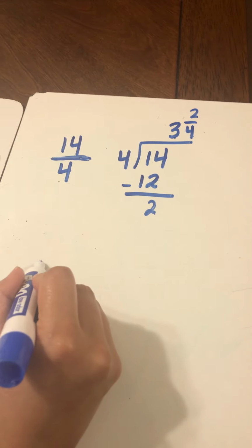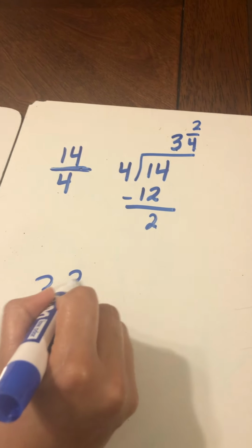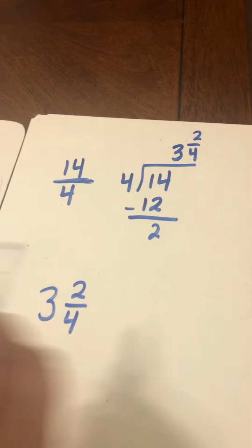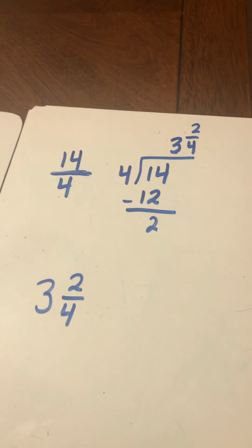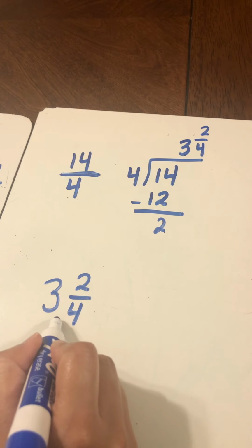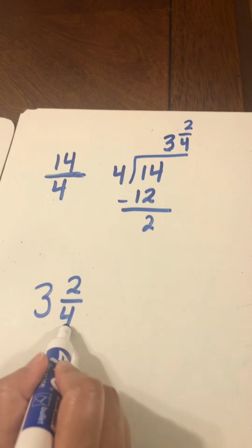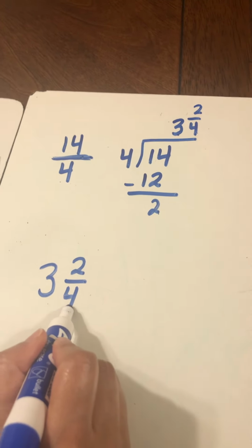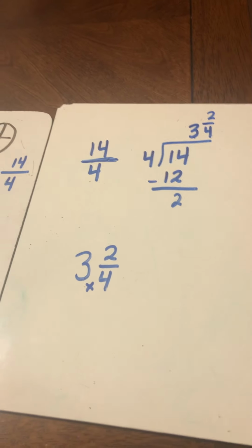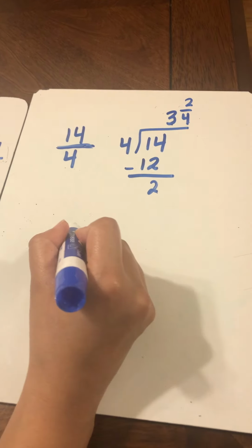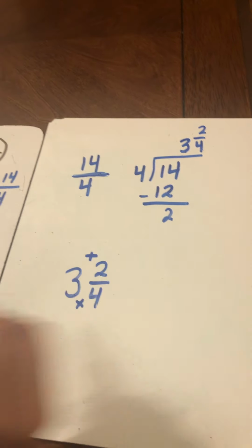Now, let's say you have 3 and 2 fourths, and you want to write it as an improper fraction. So what you're going to do, you're going to multiply your denominator times the whole number. 4 times 3 is 12, and then you're going to add the numerator.